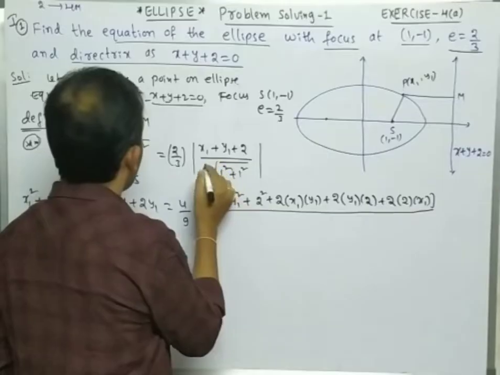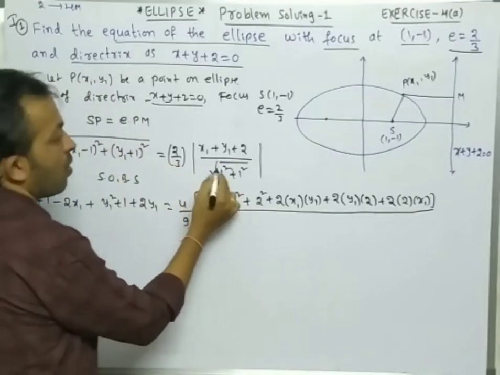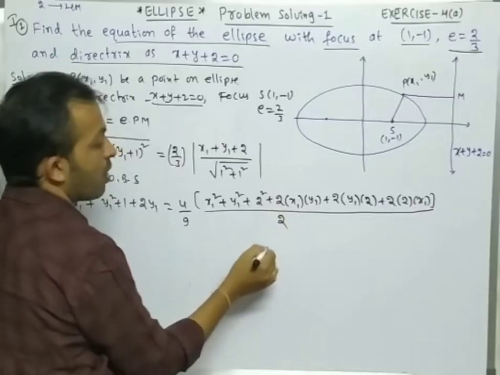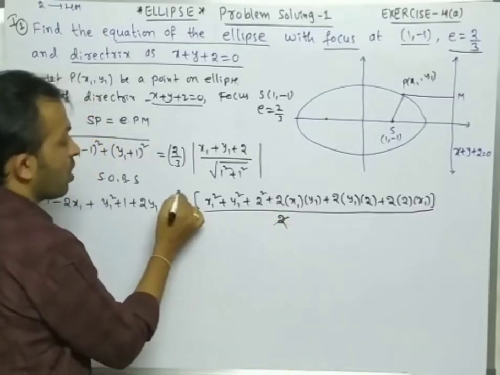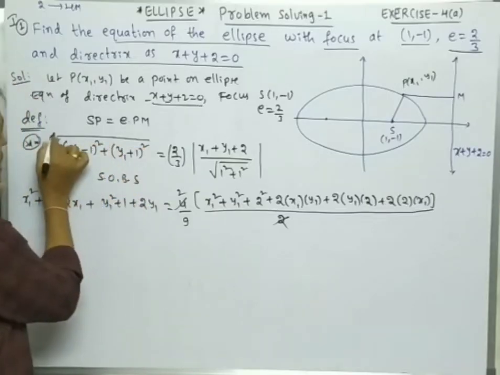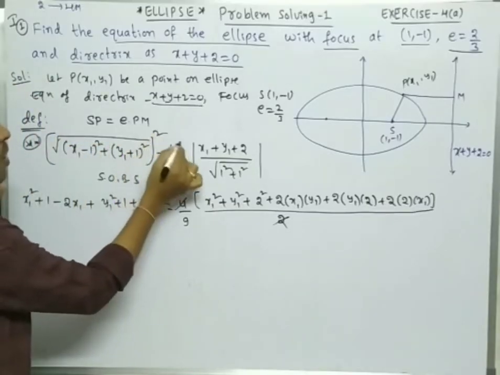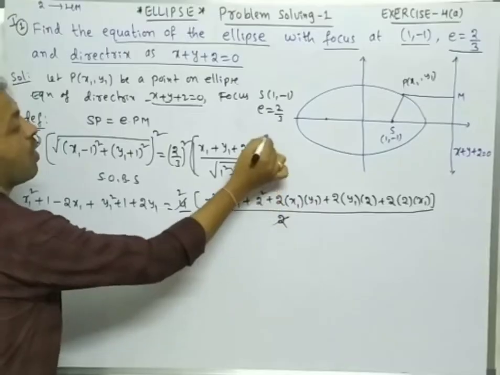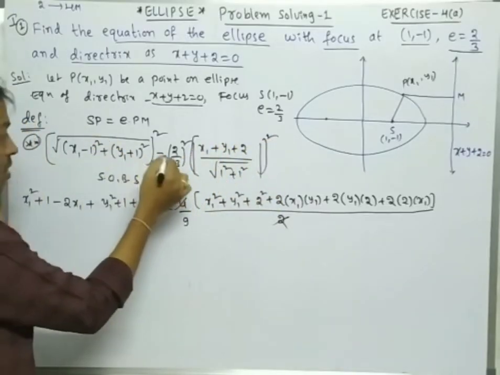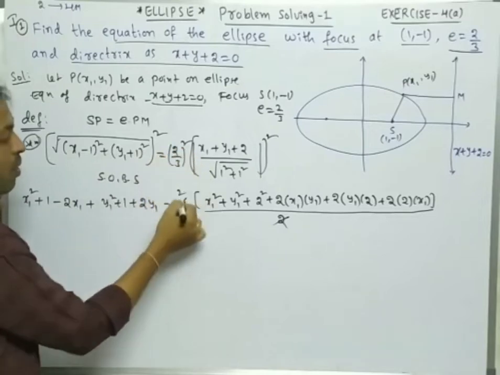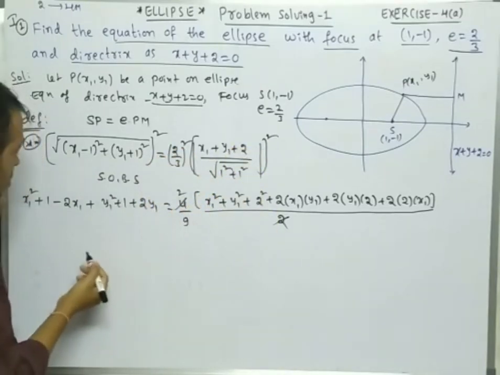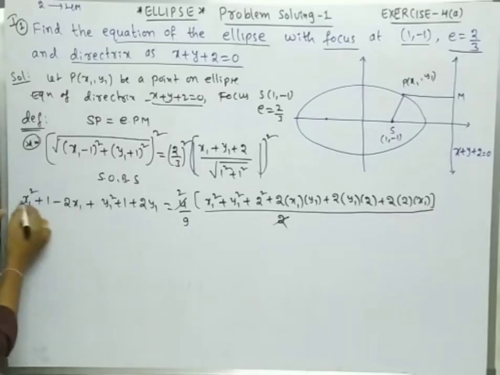Root 1 plus 1 is root 2, and squaring gives 2. Here I squared on both sides. The square root cancels, giving 4 by 9 times (a + b + c) whole square by 2. Now do cross multiplication.